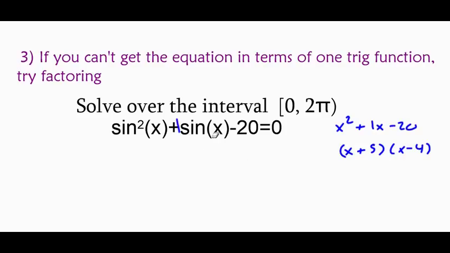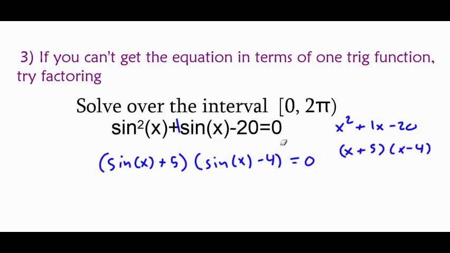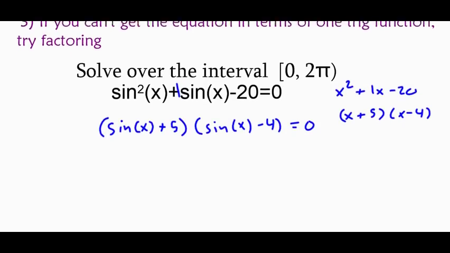So when I factor, this becomes sine of x plus 5 times sine of x minus 4. And that equals 0. Now, similar to what you had to do in Algebra 2, you do need to get this equal to 0 if it's not. But since it already is, I'm great.